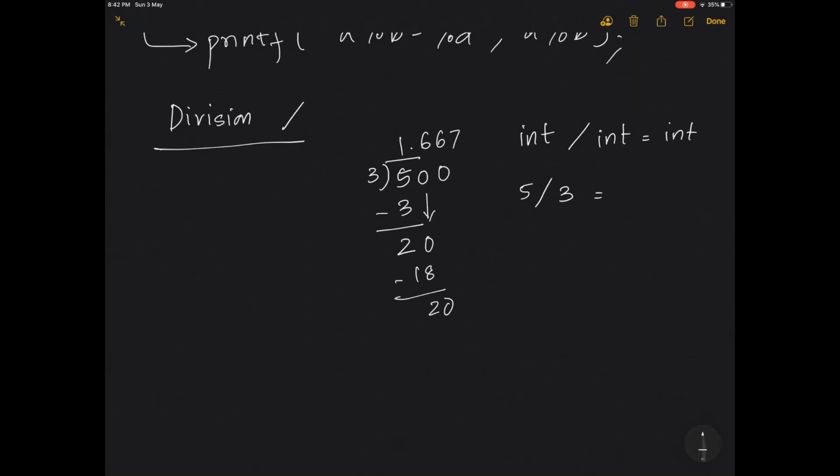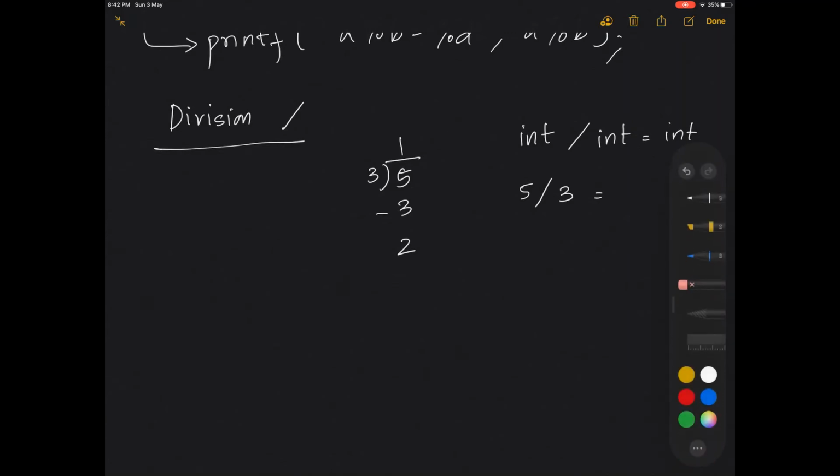But here it doesn't happen, because it's an integer divided by integer. At that point of time, it stops with where the decimal point is supposed to appear, and your answer will be 1. This is not the ideal division. This is what happens when you do division of integer.